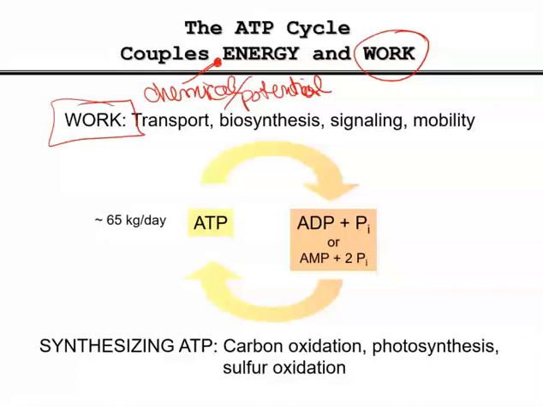Well, if we look at cellular work, we can define these types of cellular work. So transport of something across a membrane, and by something I mean a small molecule or protein that we transport across a membrane. We can even transport ions across the membrane with the aid of ATP.